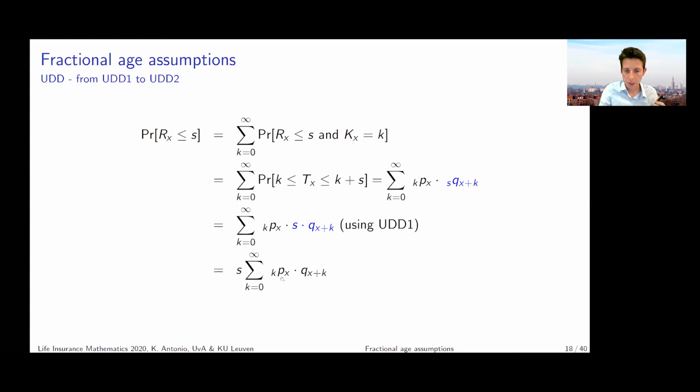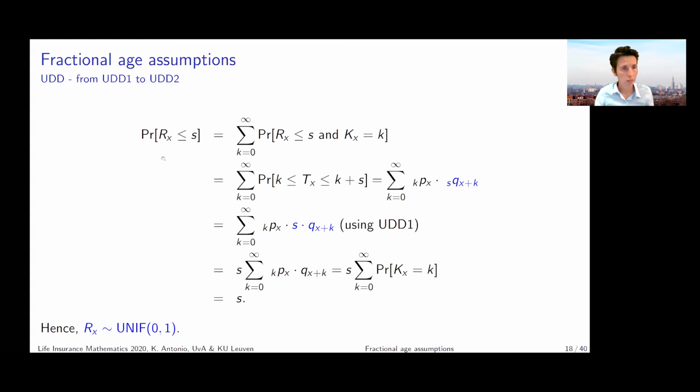And what you see here is exactly the probability function of the curtate future lifetime Kx. So the kpx multiplied with the qx plus k is exactly the probability that Kx is equal to k. We sum that over all possible values that k can take. Because we have here a well-specified probability function for Kx, that sum should equal 1, and we're just left with s, right?